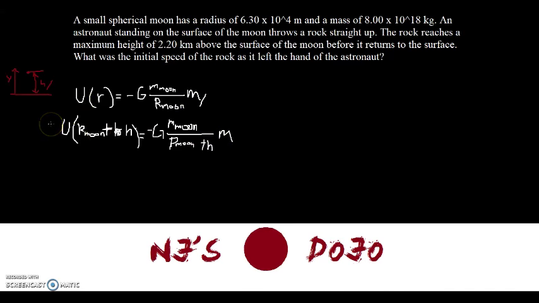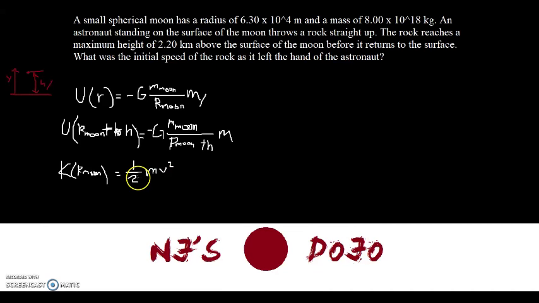Okay, so aside from that, since we're using the conservation of energy to solve this problem, you should also note that the kinetic energy in terms of the radius of the moon is the same equation as before, 1/2 times mass times velocity squared.